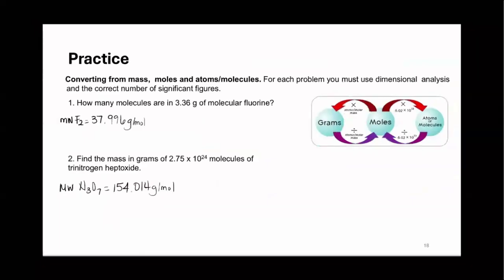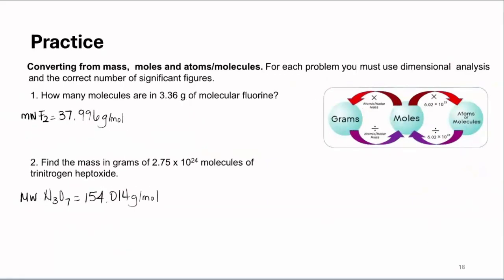Because of this chart, you can envision that we can change all the way from grams of something to atoms or molecules of something. And in the first example that we have here, we are going to try to find how many molecules we have present in 3.36 grams of molecular fluorine.